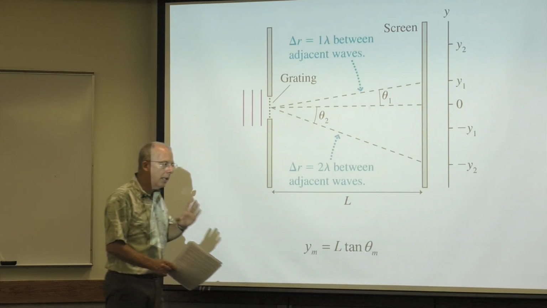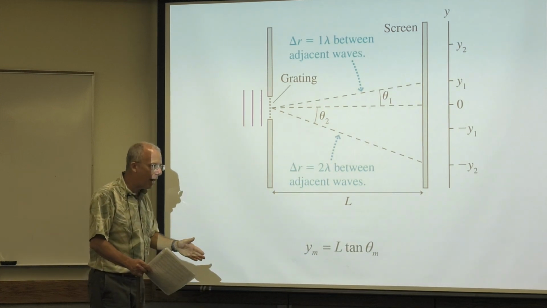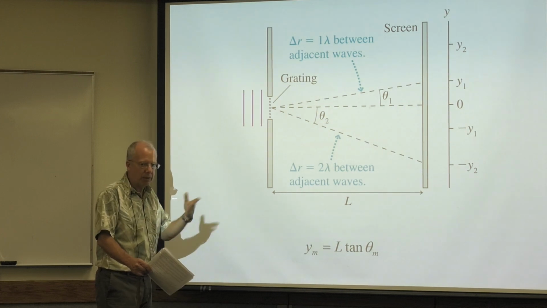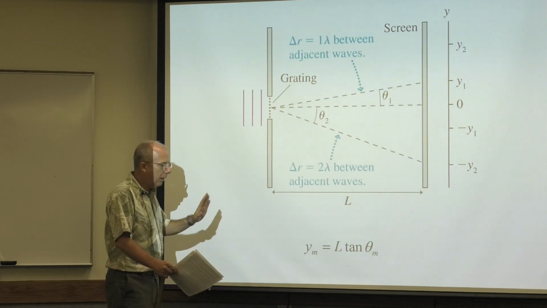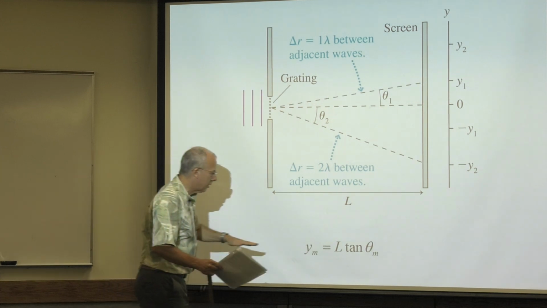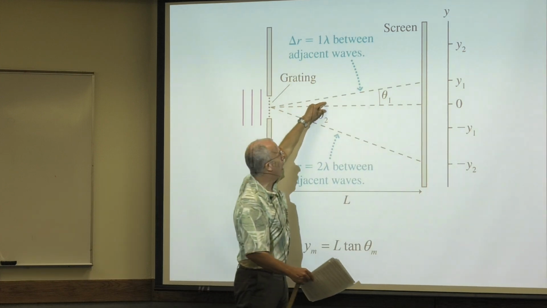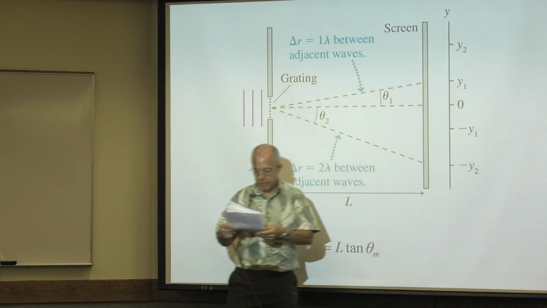So all I'm saying is you've got to be careful. Small angle approximation is for small angles, like 17 degrees or less, or maybe 20 degrees or less. Anything bigger than that is wrong. So this is true, but you can only use small angle for small angles. Just be aware of that.